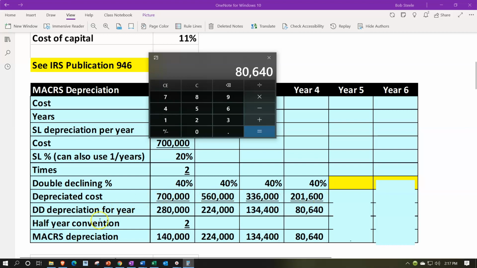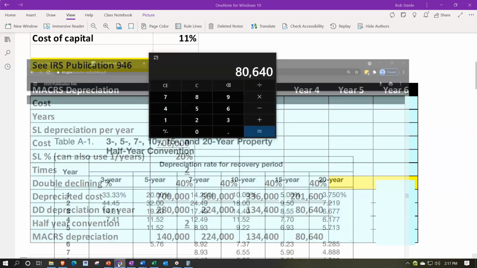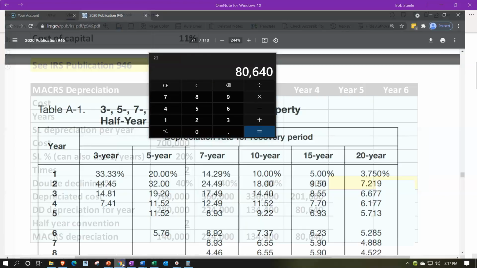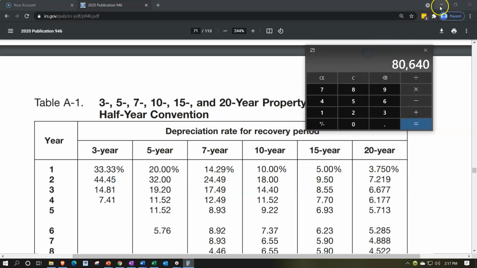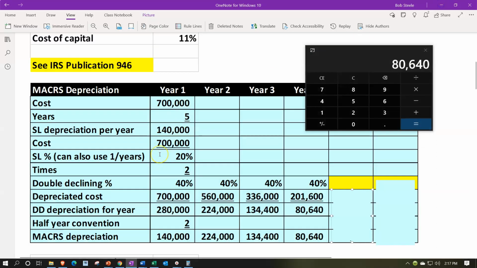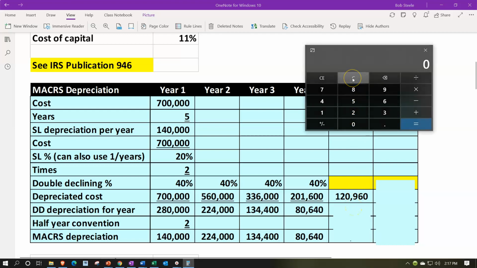So there's the 80,640. And then for the last couple of years, year 5, this is where they deviate a little bit. You can tell on the report that they use the same rate for these last two, so we'll mirror that in our calculations just to give you an idea of what's going on in the code. This is their tweak. We have the calculation of 201,600 minus 80,640, which gives us 120,960.